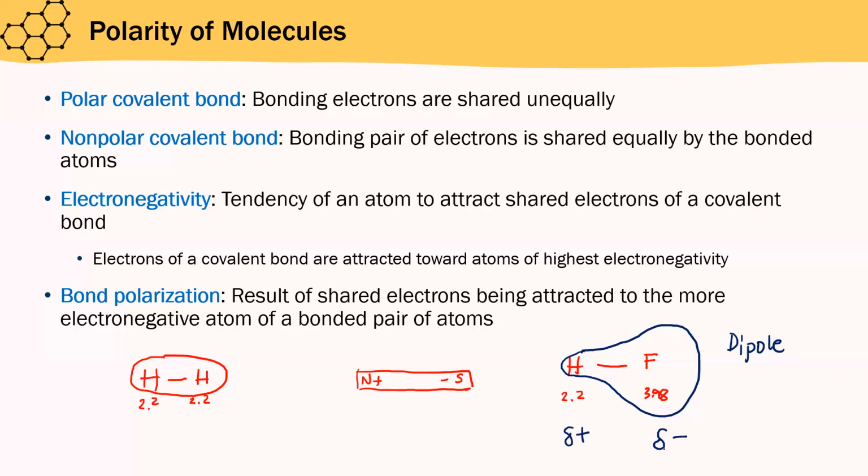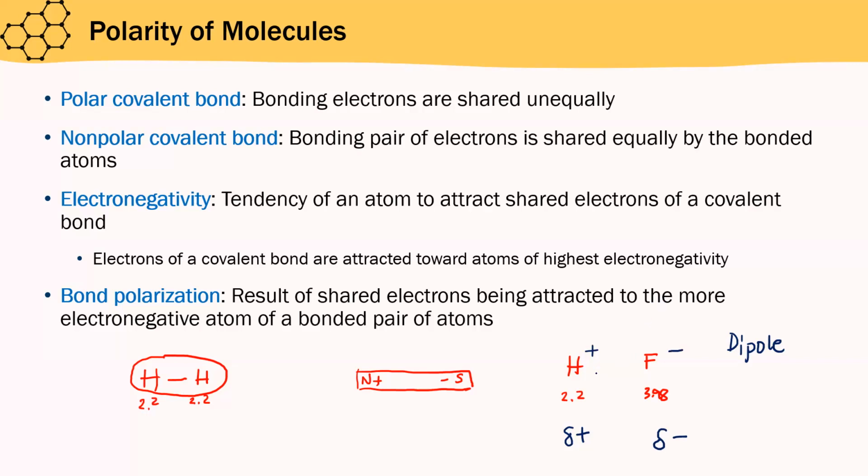Why do we coin the term partial? Because it's still a bond, no? The electrons are still moving from fluorine to hydrogen and vice versa, from hydrogen to fluorine. It's partial because they are not ions to begin with. If this bond is to be cut, that means you have an ionic bond.